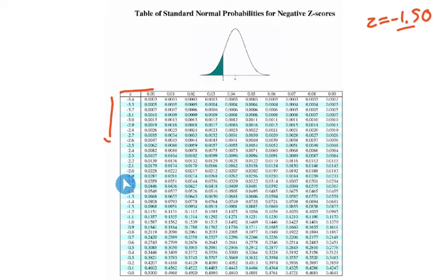So I'm going to go down to negative 1.5 and then over to 0, which should give us this value here. And you can kind of see the way that it's shaded as well. So 0.0668.